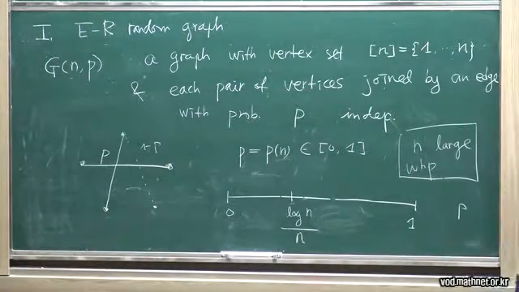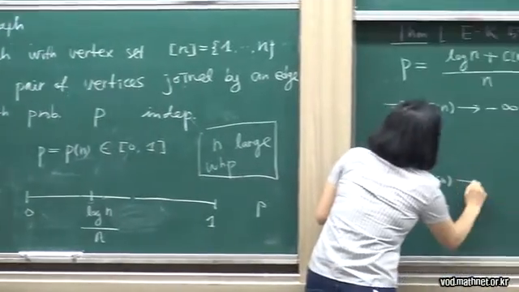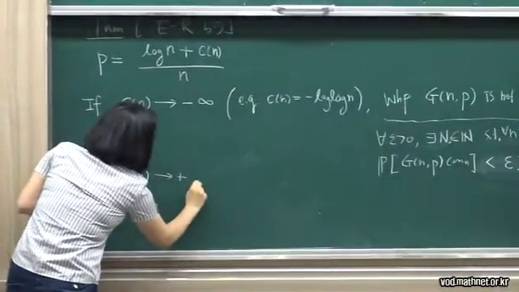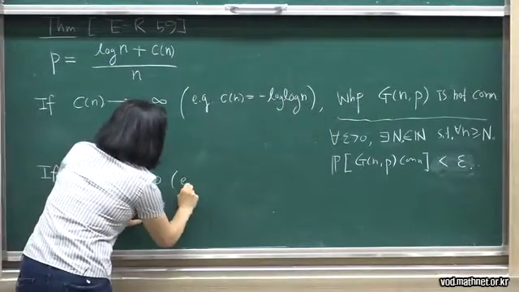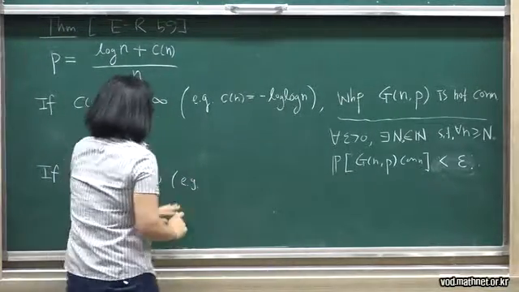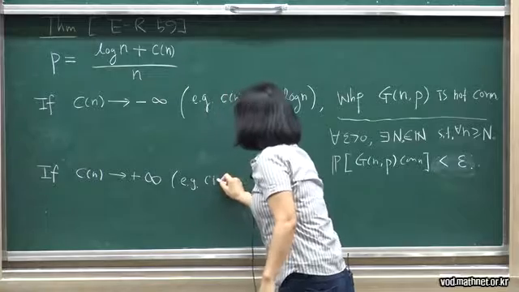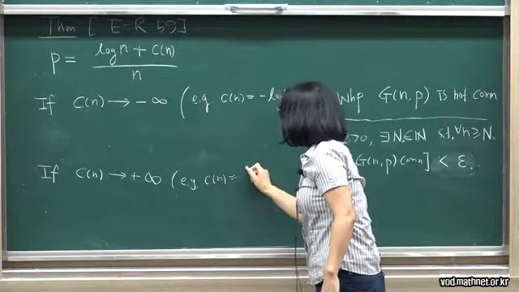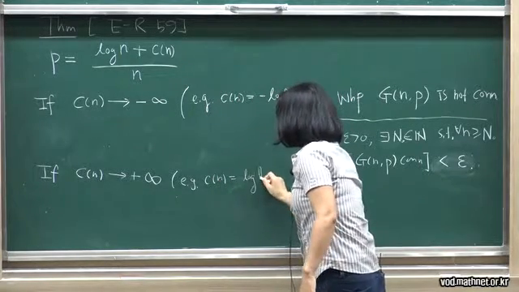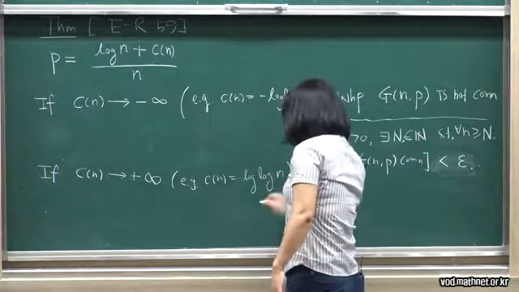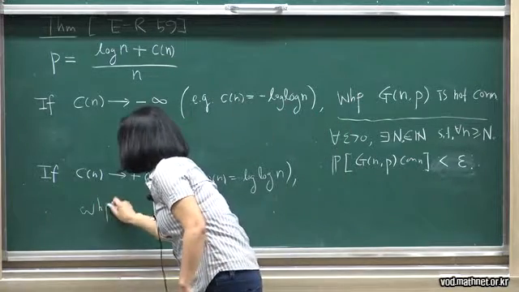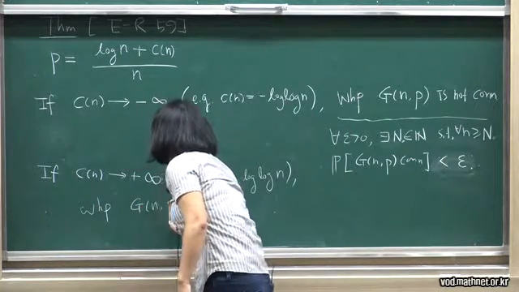On the other hand, if I take c(n) tending to positive infinity, it's just an example, now I change the sign, like plus log n, then with high probability G(n,p) is connected.